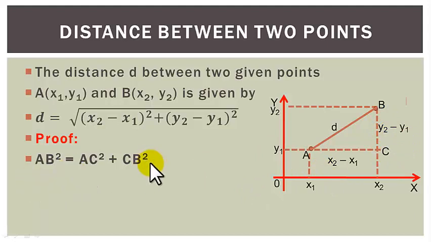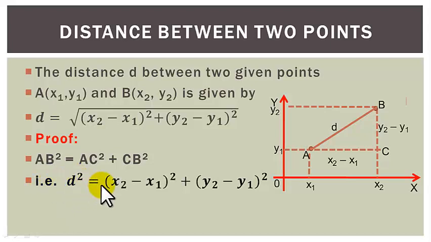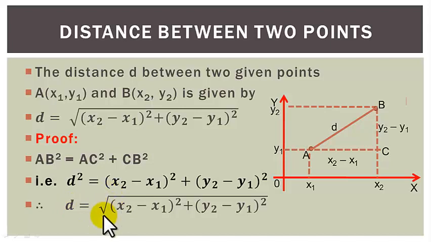So putting them into this formula, we obtain D squared equal to (x2 minus x1) squared plus (y2 minus y1) squared. Therefore, taking square root of both sides of this equation, we obtain the distance formula D equal to the square root of (x2 minus x1) squared plus (y2 minus y1) squared.